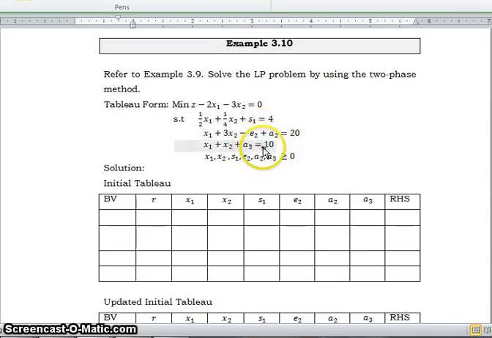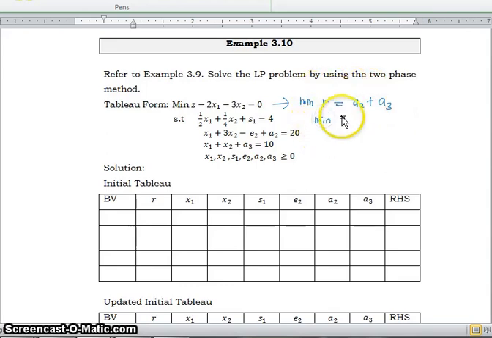To proceed with the two-phase method, we need to change the objective function to minimize R, where R is the summation of A2 and A3. Minimize R equals A2 plus A3. Then transfer this term to the left-hand side.